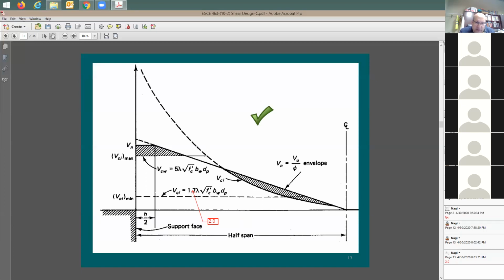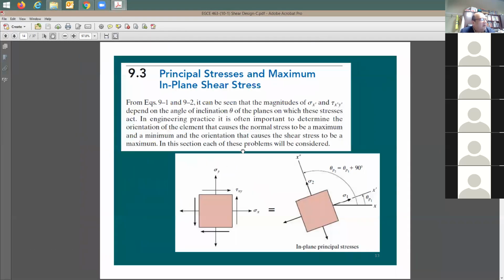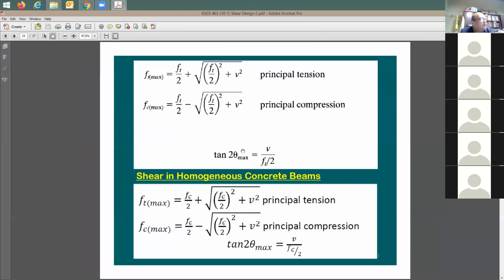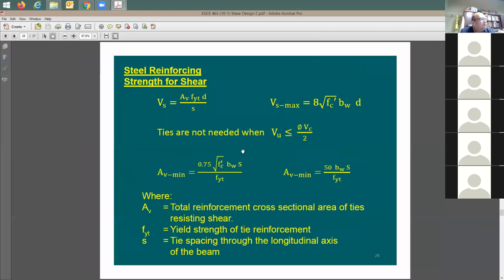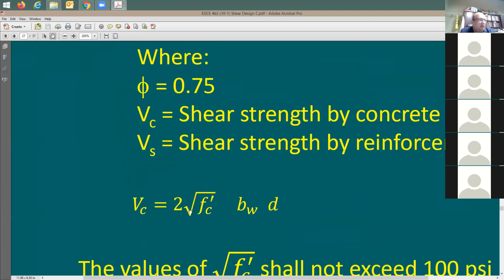So conventional concrete design, I'm going to put it back again. I have this equation, 2 square root of f'c. This gives you the shear strength, and this gives you the shear factor, 2, just 2.